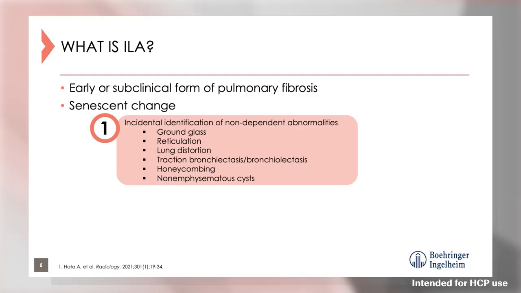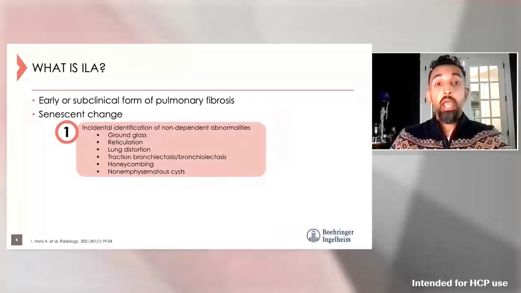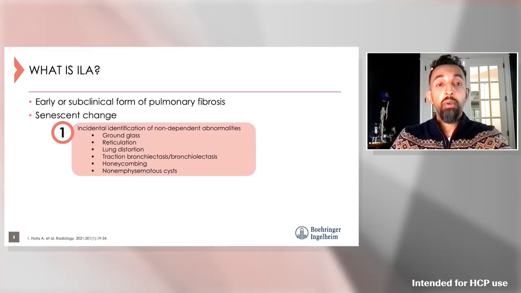Traction bronchiectasis that we see in normal fibrotic lung disease is also visualized with interstitial lung abnormalities. Honeycombing, although I think of it as an ILD or interstitial lung disease term, can also be seen with ILA, and non-emphysematous cysts. I will be showing you imaging findings for most of these described CT findings towards the end of the talk.